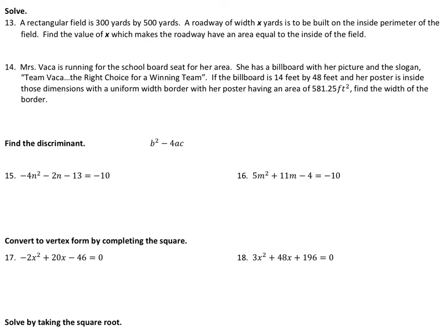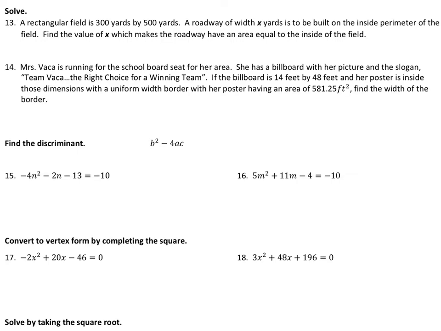All right, problems 13 and 14 are both area problems, and we don't have a lot of space on our paper to work out our problems, so I'm going to expand this page really big so I've got plenty of room to draw some pictures and write out some equations.